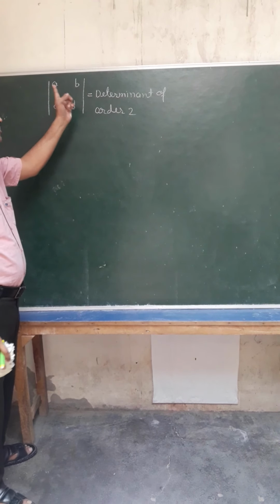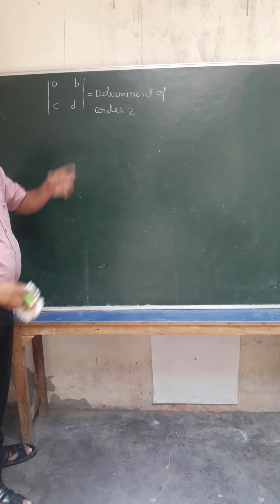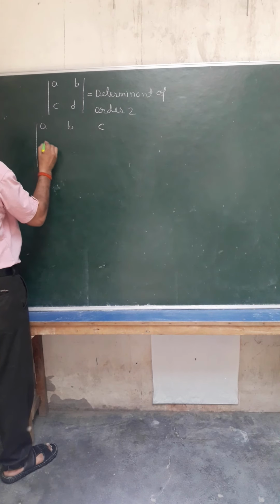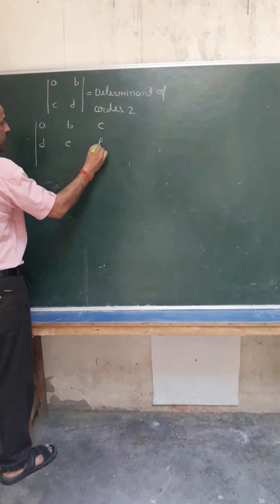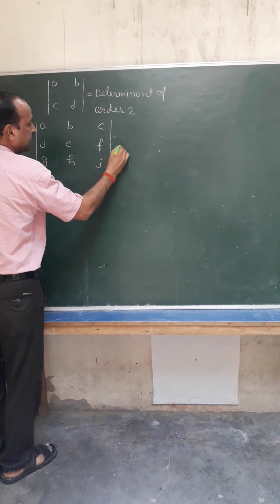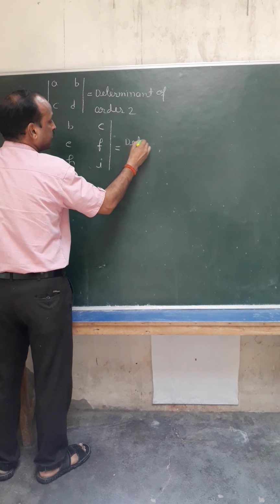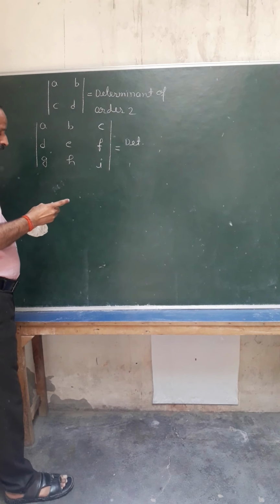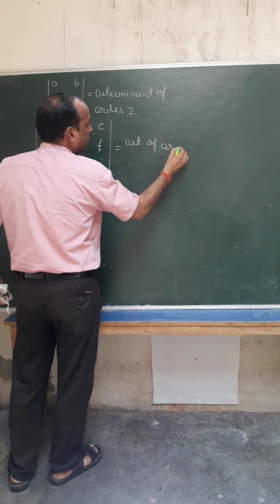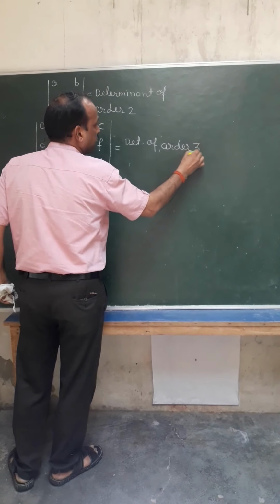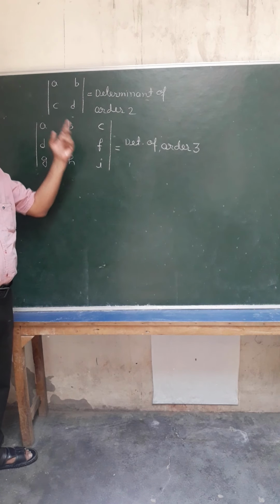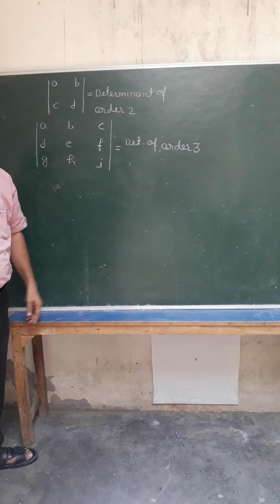A determinant of order 2 means 2 rows and 2 columns. Similarly, if we write A, B, C, D, E, F, G, H, I, then this is a determinant, in short DET, of order 3. A determinant of order 3 means 3 rows and 3 columns.